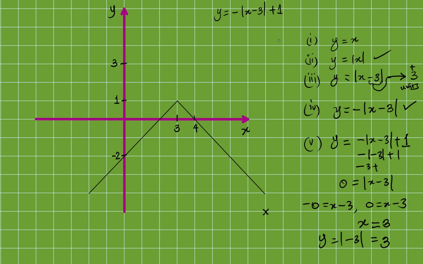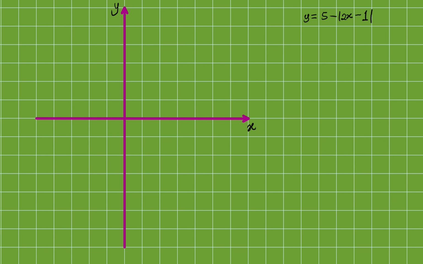Okay, so for this particular one, you see it's a bit complicated because the x here now has a coefficient of 2, no longer 1. So let's look at the steps we might use to help us to sketch this. The first one, we sketch y equals 2x minus 1. And then we go on to use the modulus.